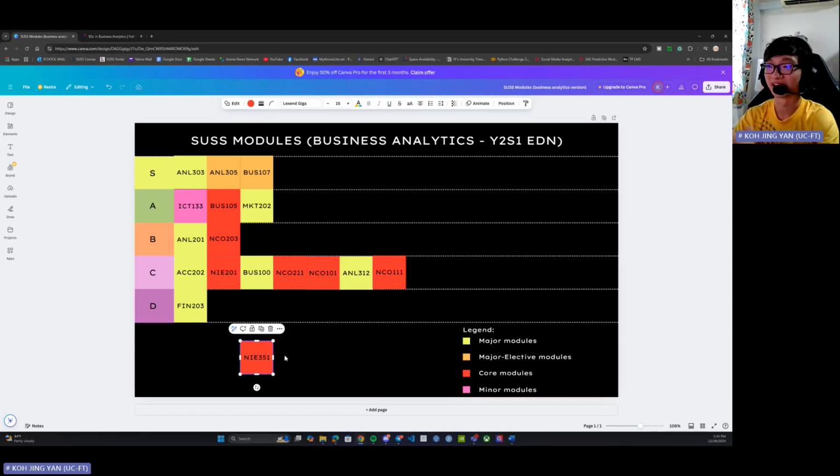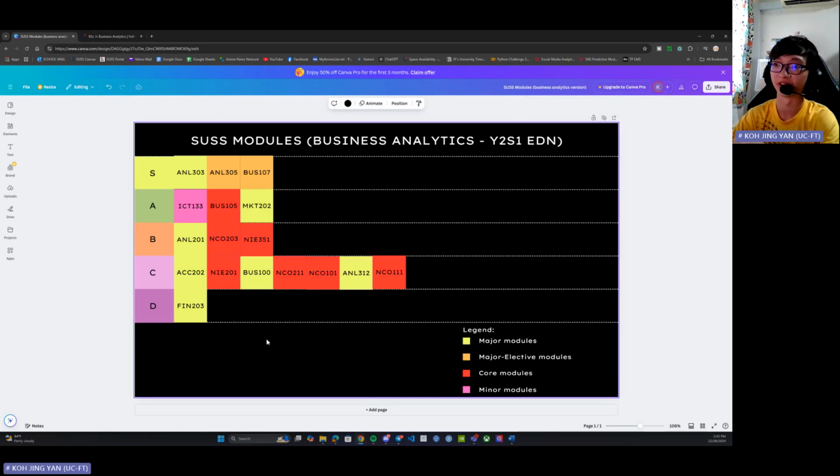Honestly, it'll be just nice, on par with NCO 203 for me, as NI351 also has some stuff that can be quite difficult to pinpoint, the different essay points to come up with, which involves some critical thinking that we need to come up with for our problem statement. So I'd say both of them are quite in gel with each other, thus they are actually the same tier lah. That's one for me.